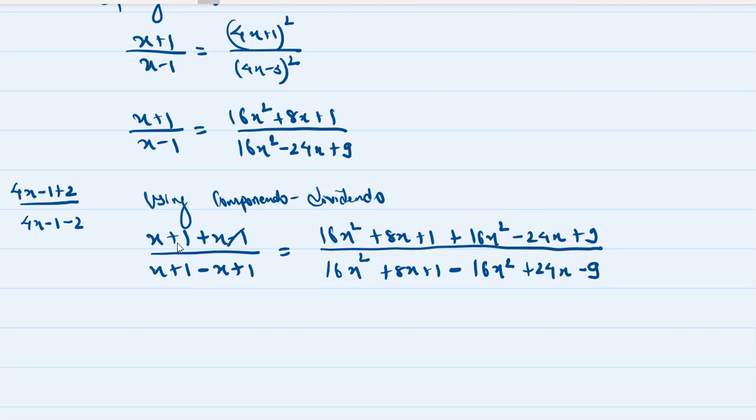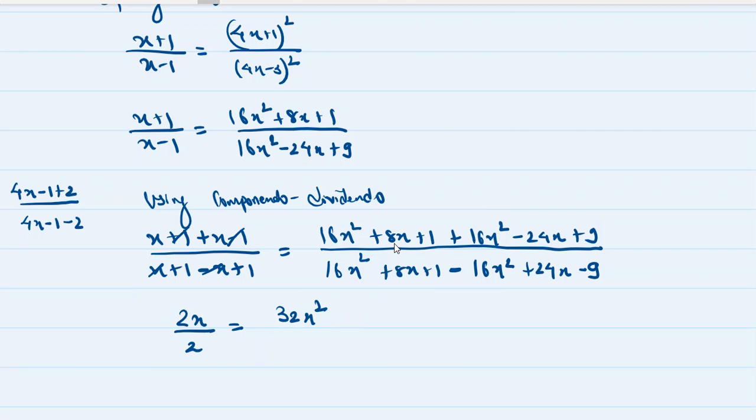So minus 1 plus 1 will cut, x minus x will cut, and we'll get 2x upon 2 is equal to 32x square.